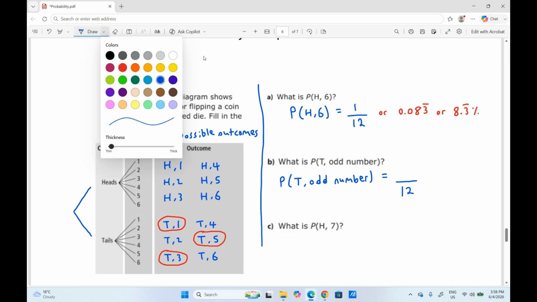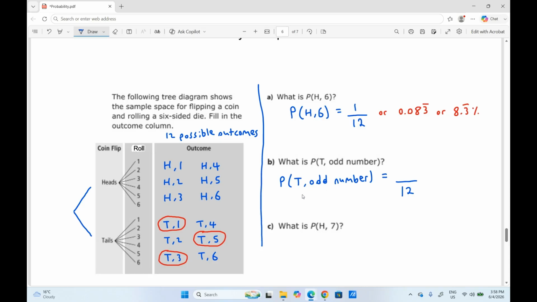So my probability for flipping a coin, getting tails, and then rolling an odd number would be 3 out of 12. Or if I were to reduce this, I can divide both the top and bottom number by 3 to get 1/4 as my probability for flipping a coin, getting tails, and then rolling an odd number with a dice.